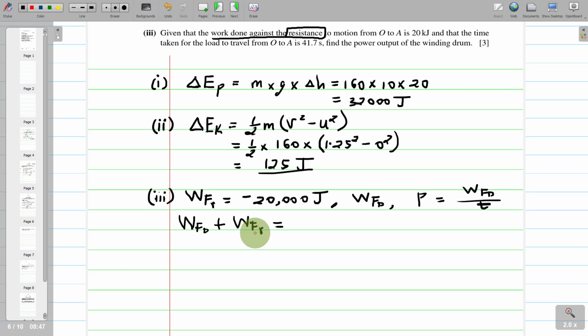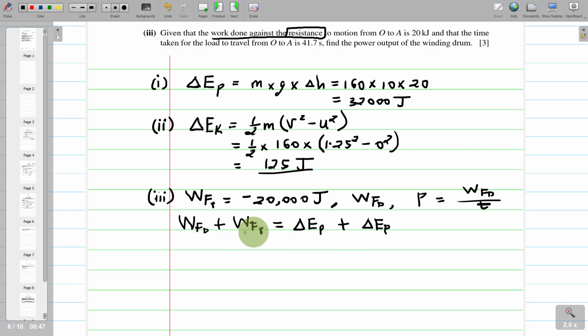This principle tells us that when work is done on an object by external forces, that object is going to gain energy. The two types of energies it gains are potential energy, so this is gain in potential energy, and this is gain in kinetic energy.